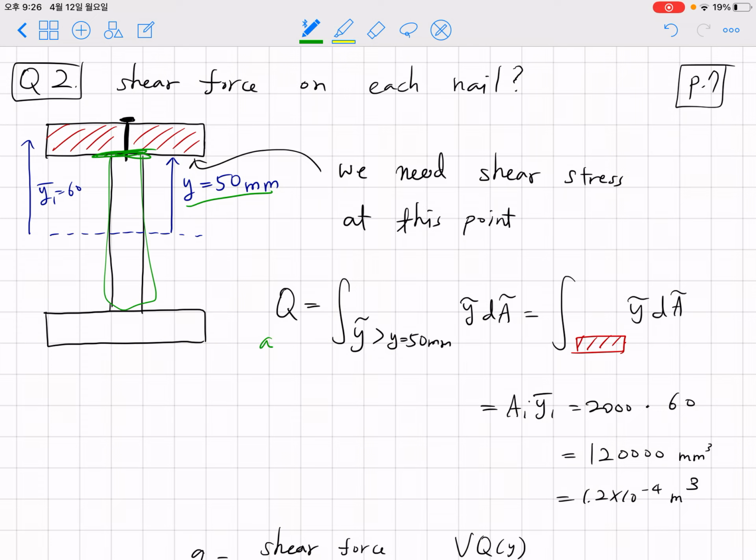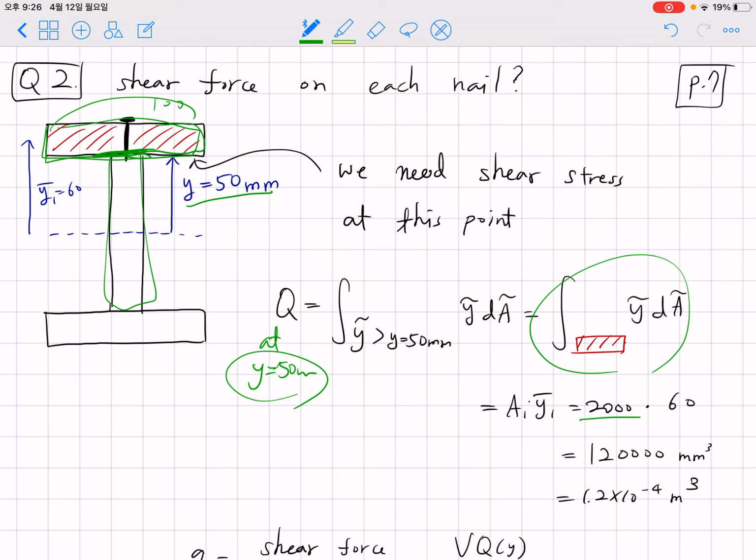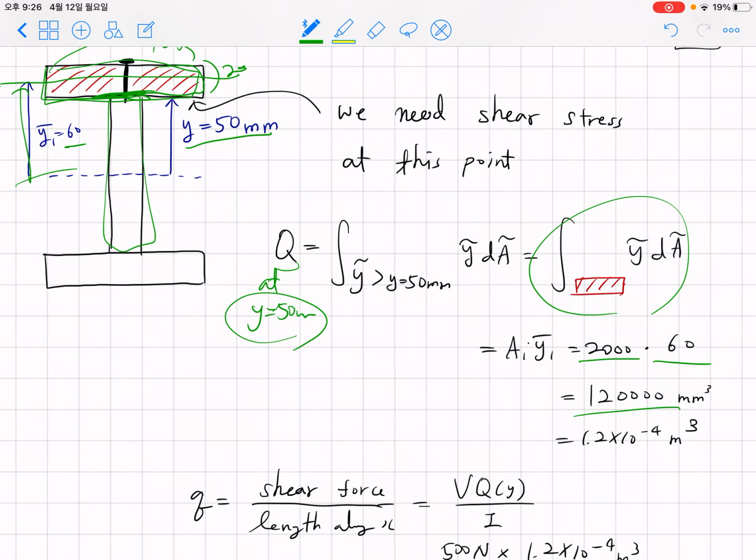So at y equal 50 millimeter, the Q integral becomes the integral over this red block, which becomes the area of this red block, which is 2000 square millimeter (100 by 20), and the location of centroid is halfway through, which is 60 millimeter from the centroid. You plug in 60 millimeter, and if you do this integral, you're gonna get 120,000 cubic millimeter. Okay, so this is the Q integral at y equal 50 millimeter position.